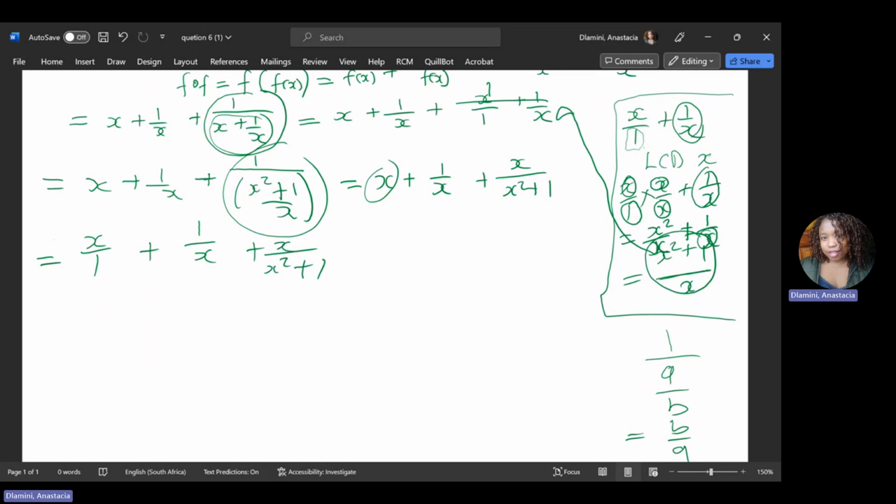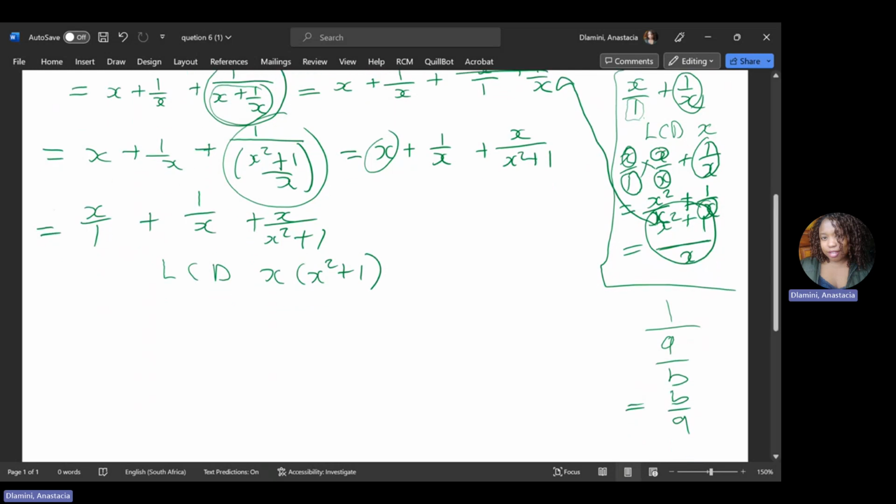Now, from this expression, you notice that our LCD, lowest common denominator, will be x times x squared plus 1. We'll use this LCD so that all the denominators of the three expressions, 1, 2, 3, look exactly like the LCD.